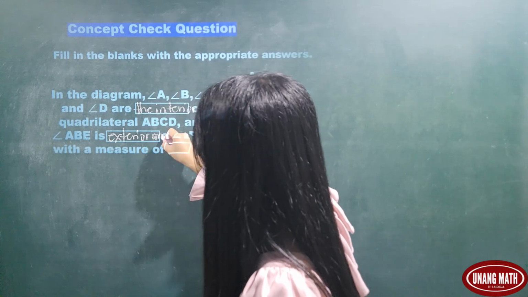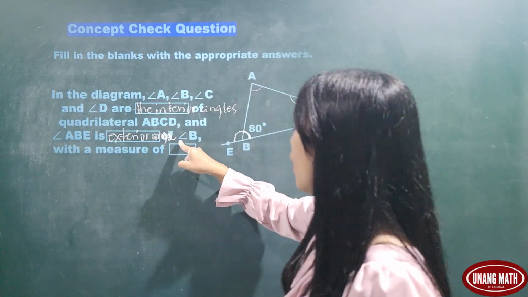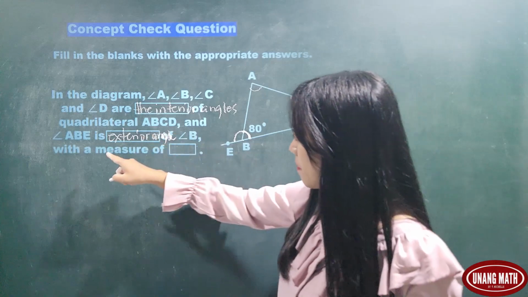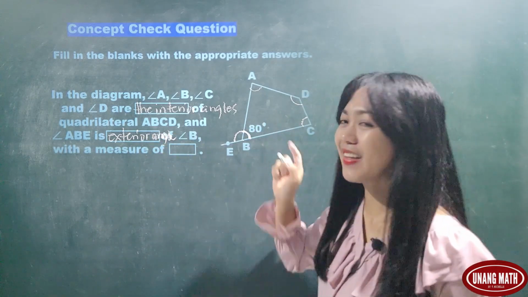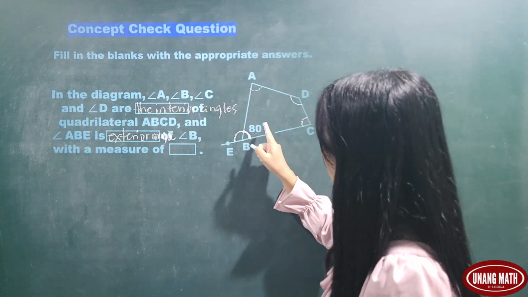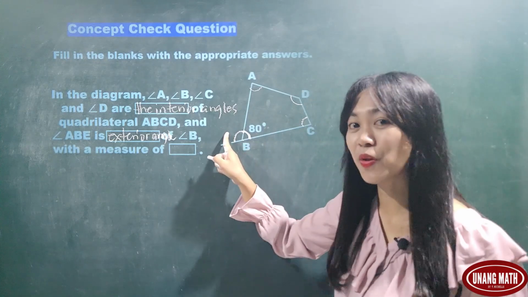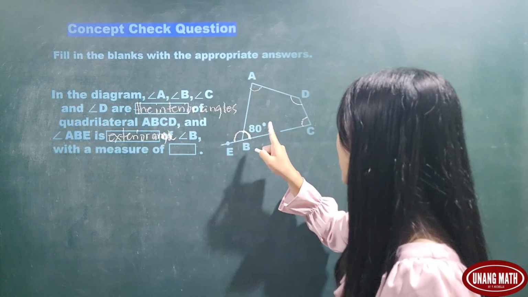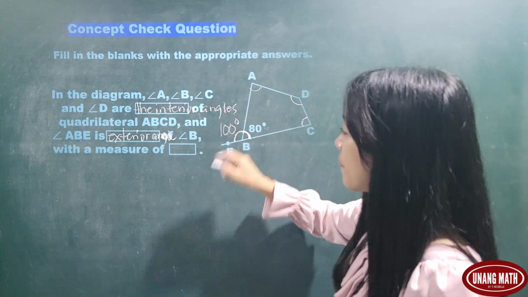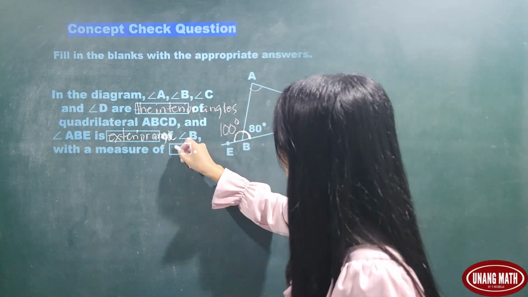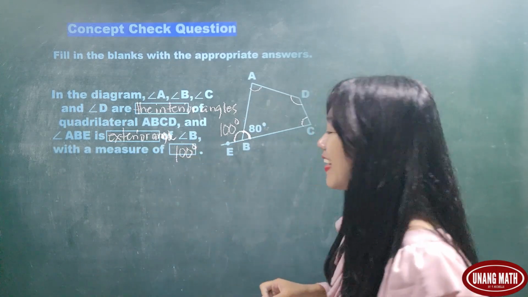This is the exterior angle of angle B with a measure of blank. Since the interior angle is 80 degrees, remember interior plus exterior is equal to 180 degrees. So 180 minus 80, then that means this is 100 degrees. So a measure of 100 degrees.